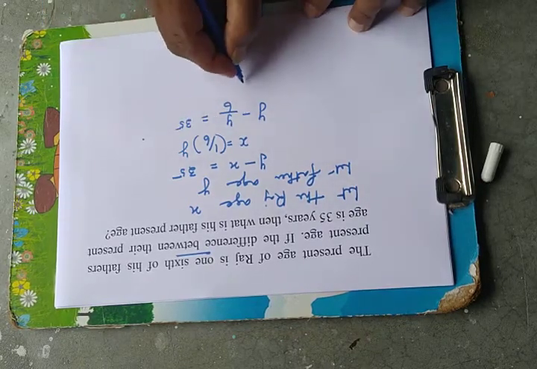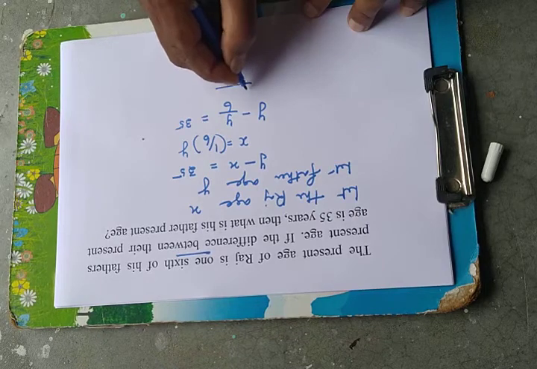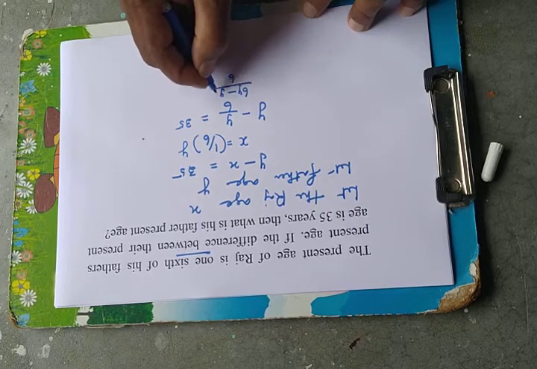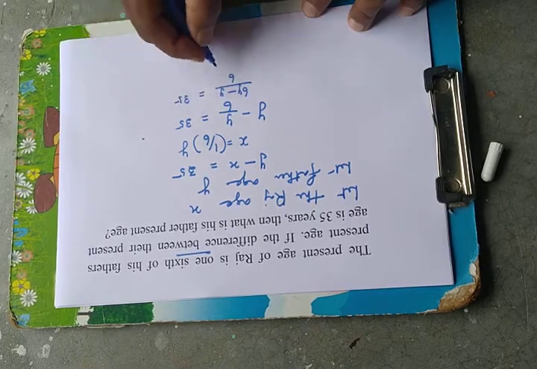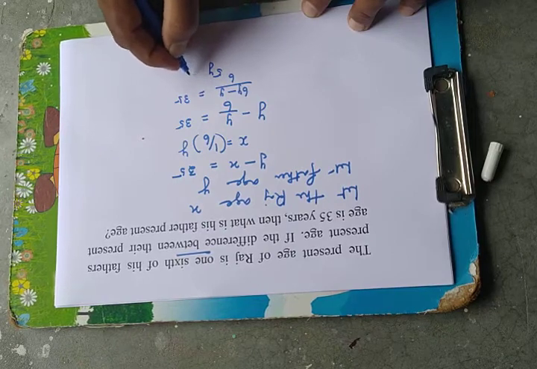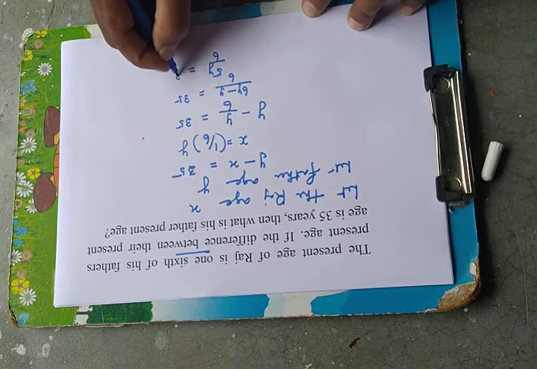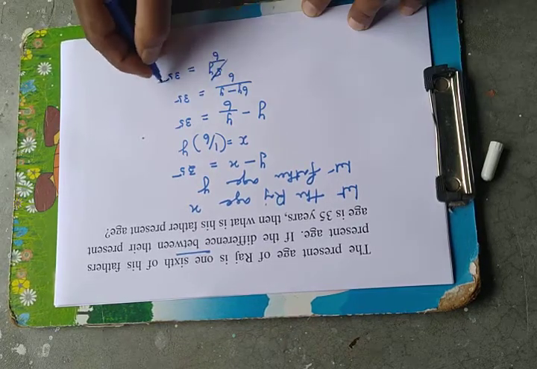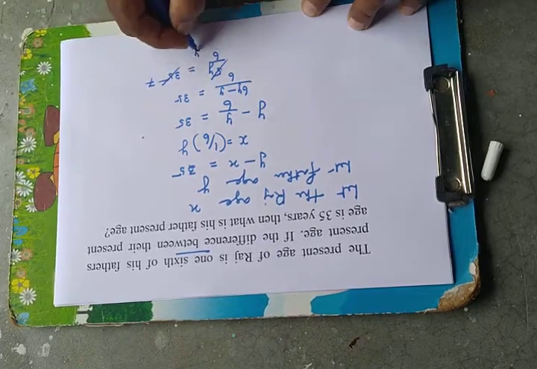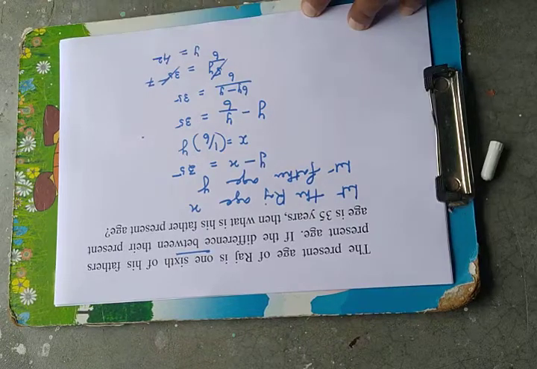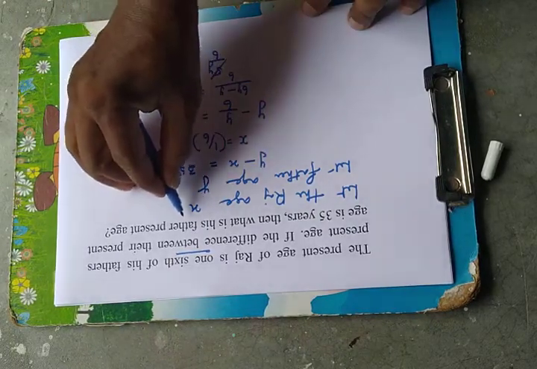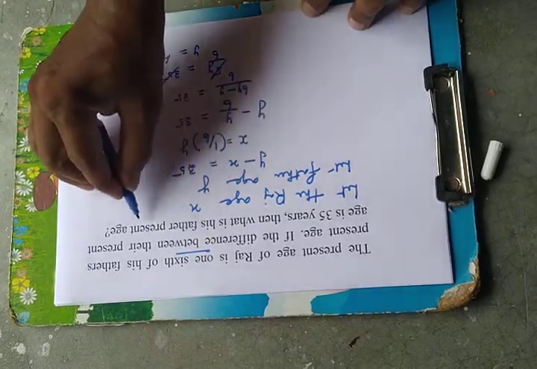Now, taking this as common: y minus y by 6 equals 35. 6y minus y equals 35 times 6, therefore 5y by 6 equals 35. Then y equals 42. What is the father's present age?